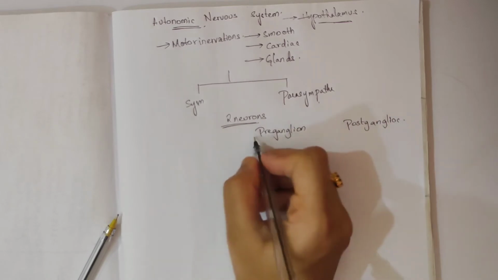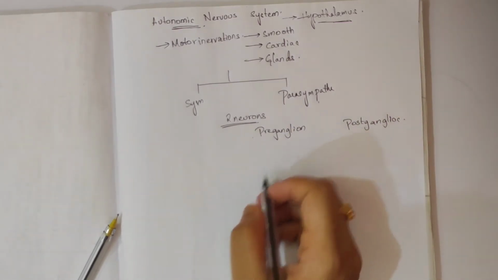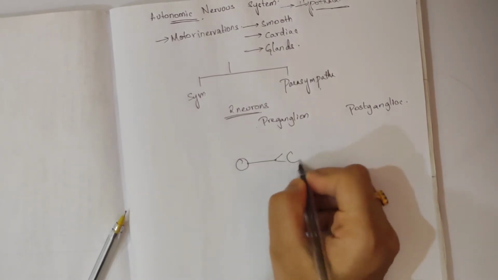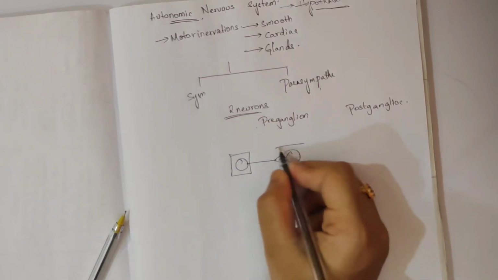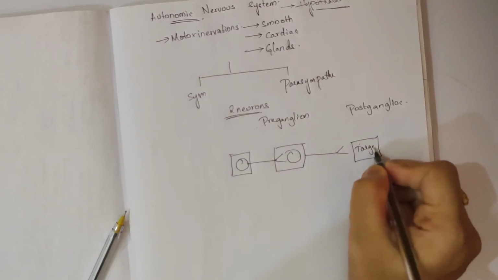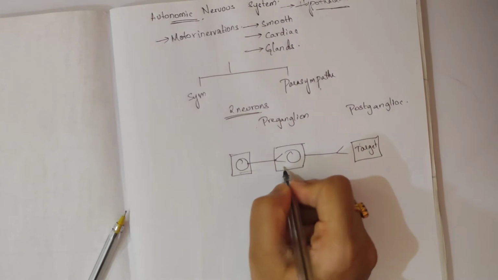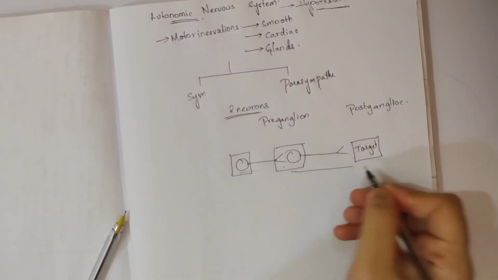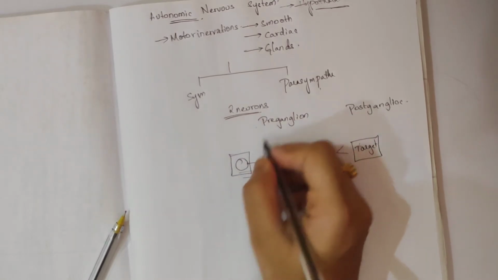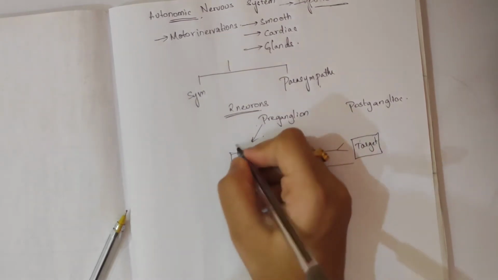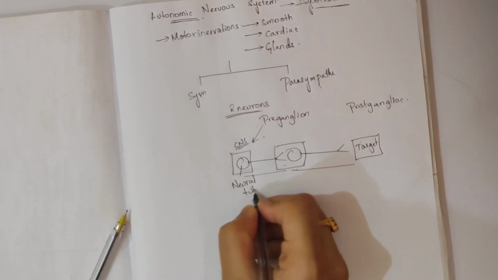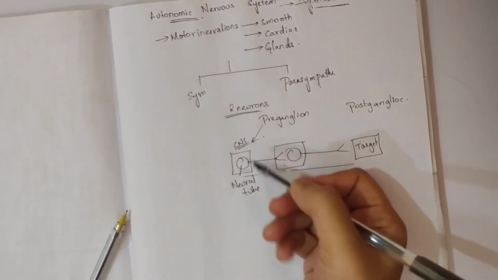I would like to tell you something about these. Suppose I show you a rough diagram of how it looks. These are cell bodies, and this is some target tissue. This is the preganglionic neuron and this is the postganglionic neuron. The cell body of the preganglionic neuron is in the CNS, which means it is derived from the neural tube, as I told you previously: CNS, neural tube.